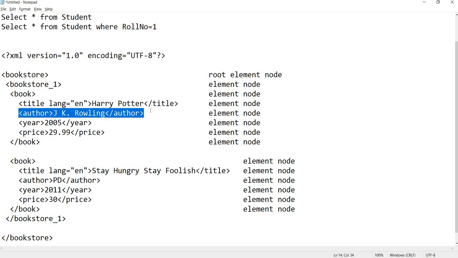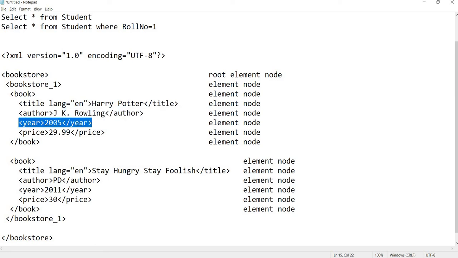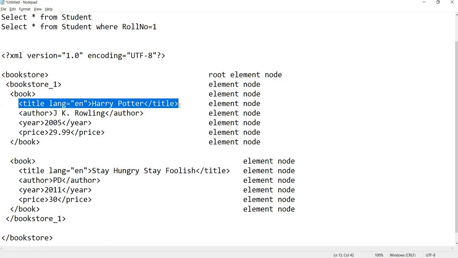Author is a following sibling of this title. Why following? Because the position of the author is after this title. So author is following sibling of this title, and author is preceding sibling of this year. Why preceding? Because author position is prior to the year. So author is preceding sibling of year, and author is following sibling of this title, right?